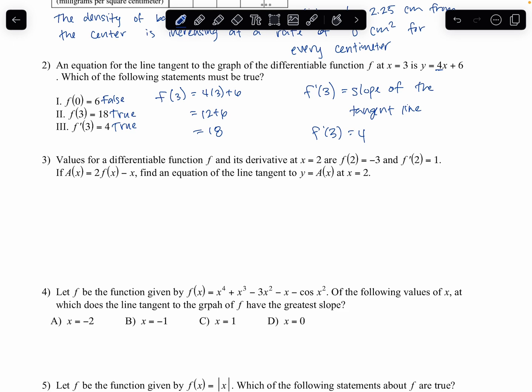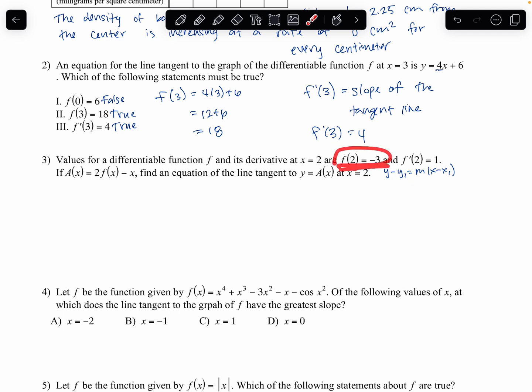So, I'm writing an equation of a tangent line. That's y minus y1 equal to m times x minus x1. So this line right here is going to be tangent to the graph of a of x, not f of x. It's going to be tangent to the graph of a of x. If it were tangent to the graph of f of x, this would be a much easier problem, since I know that f of 2 is equal to negative 3.